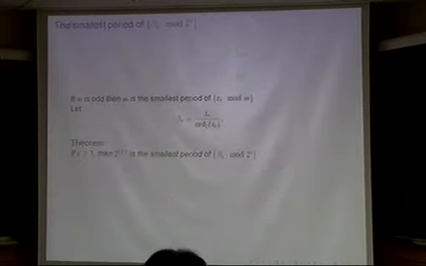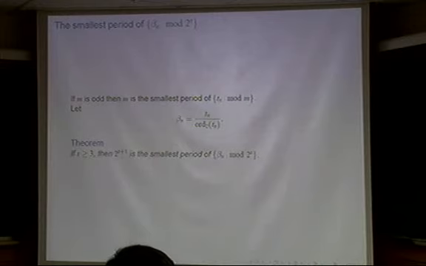In fact, at the beginning of the talk, I mentioned that M is the smallest period of this sequence, and let beta n be the odd factor of the number of involutions.